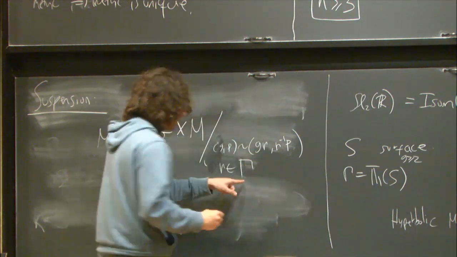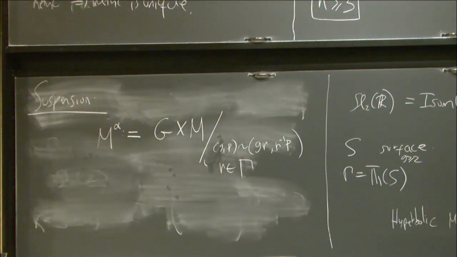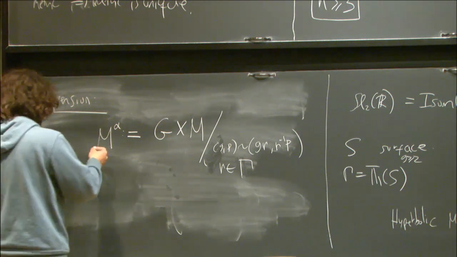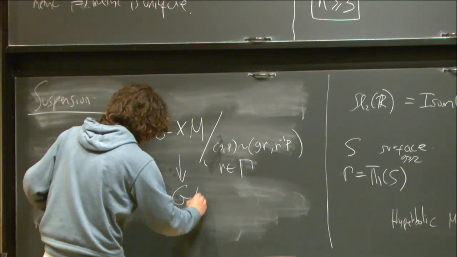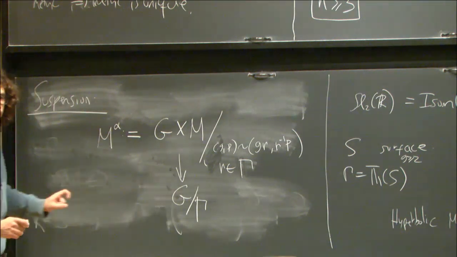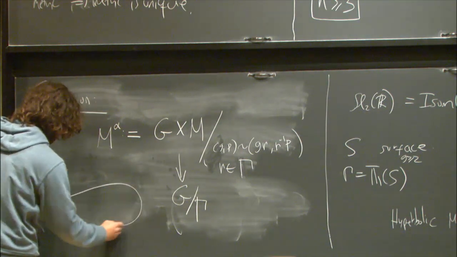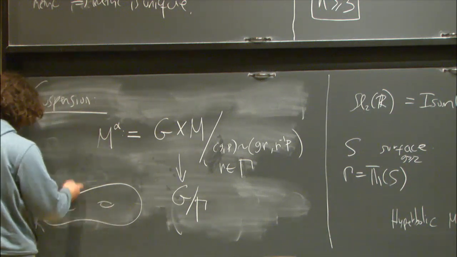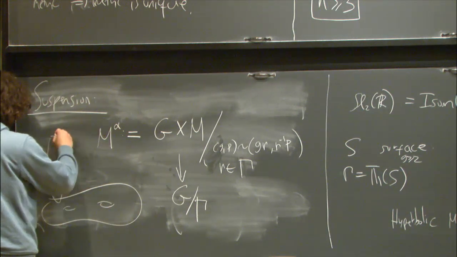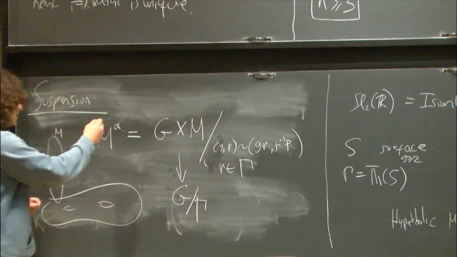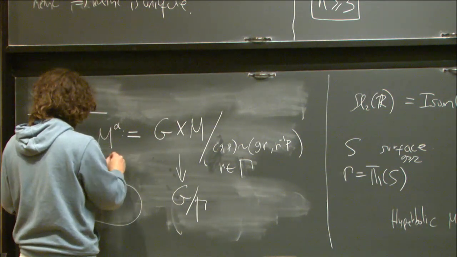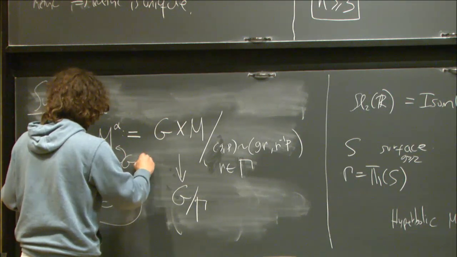In my mind it is SL_n(Z). Geometrically, this thing is going to fiber over G mod Gamma, and at each point I have a copy of M in the fiber. This has an action of G.